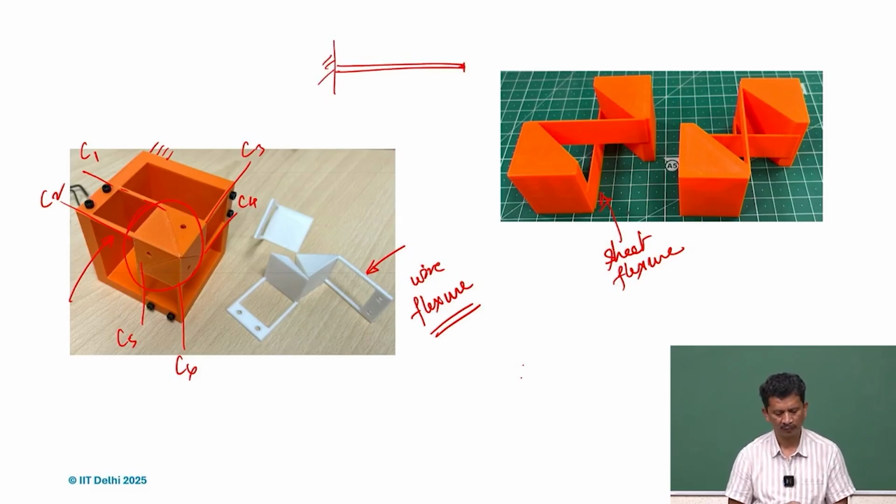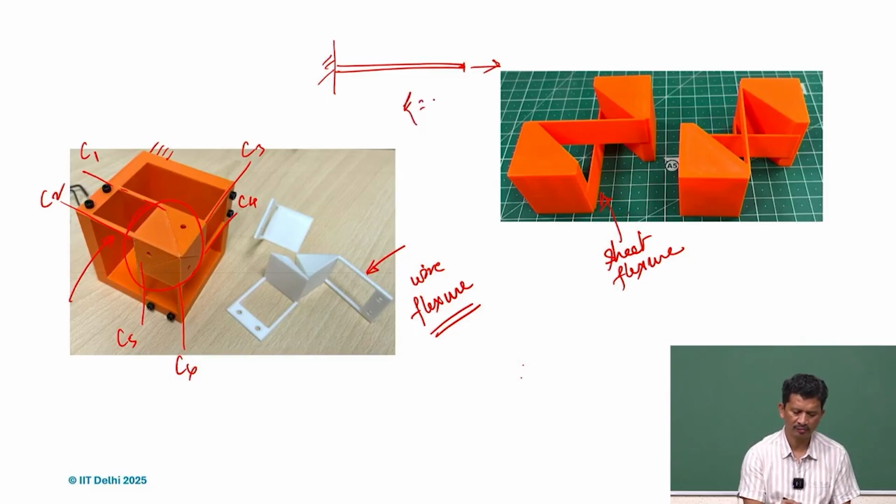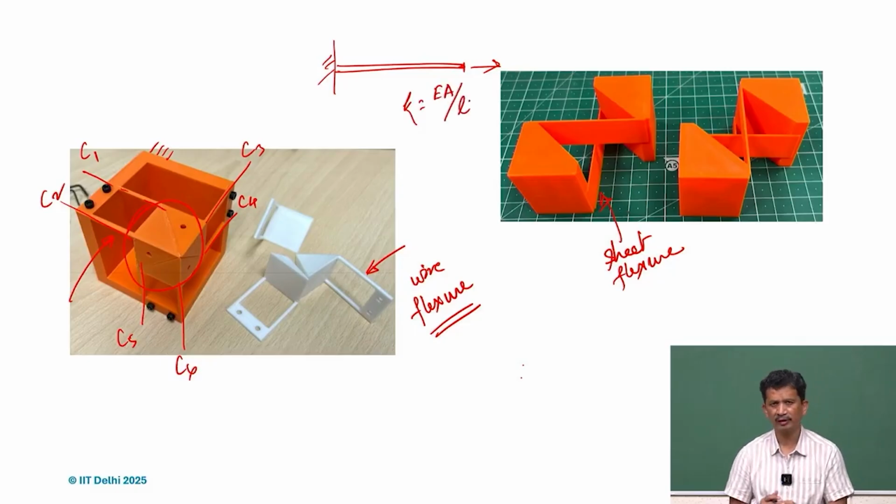Under tension it is very effective, and the stiffness we are talking about is EA by L. The stiffness we get by virtue of the value of E, and the area of cross section we can increase to get higher stiffnesses.